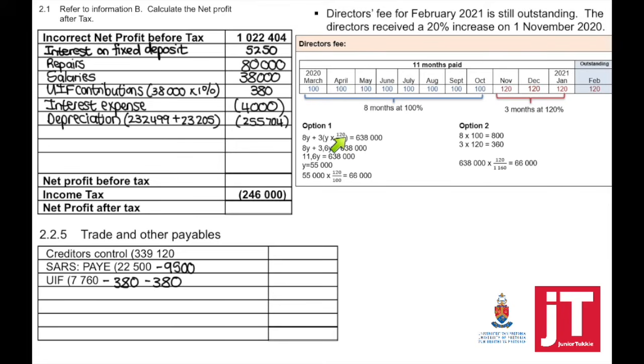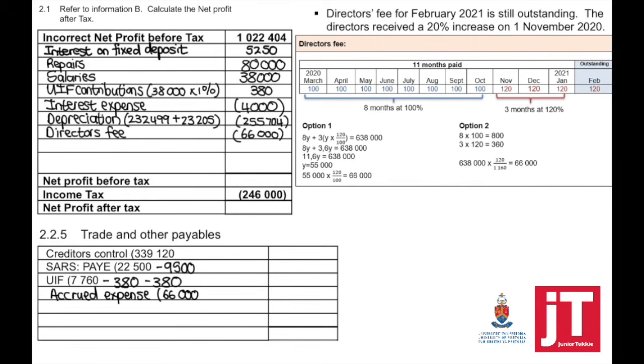Option 1 provides you with the amount before the increase, which means I still need to calculate after the increase. If we look at option 2, we can get the answer directly, what we're looking for. And what is it that we're looking for? We're looking for the director's fees outstanding for February, which is after the increase.